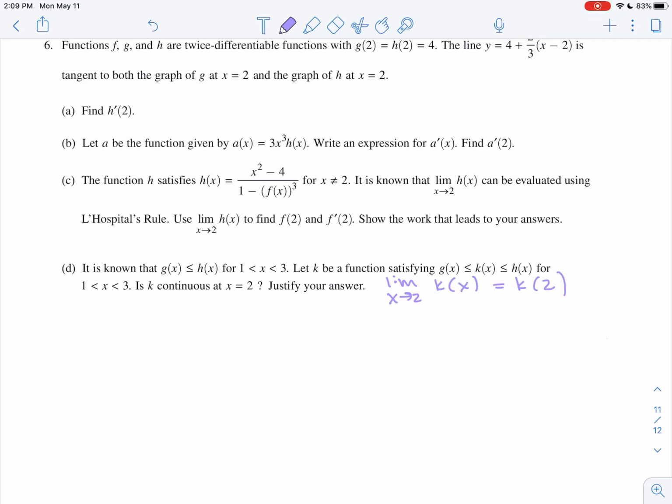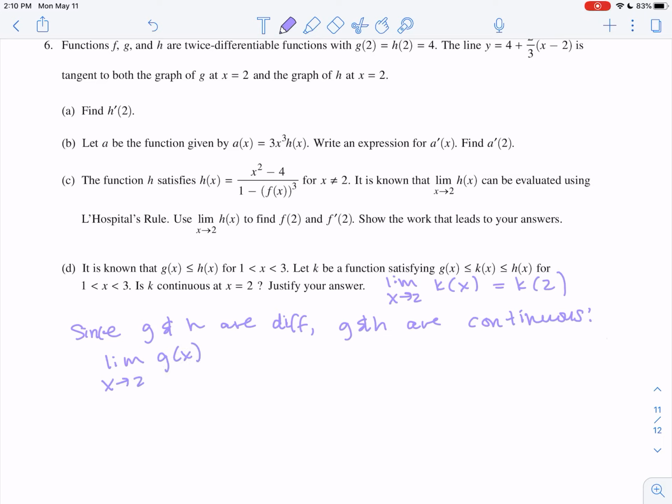I'm not going to in my justification, but what I do want to state is that, and we kind of stated this earlier, since g and h are differentiable, g and h are continuous. In other words, the limit as x approaches 2 of g of x is equal to g of 2, which was equal to 4, and the same thing for h.